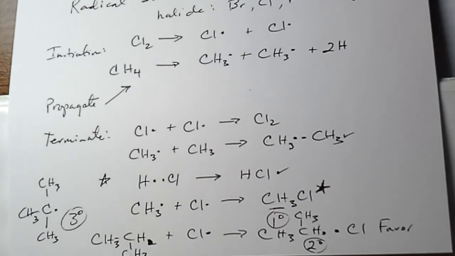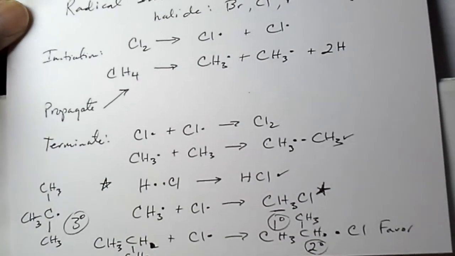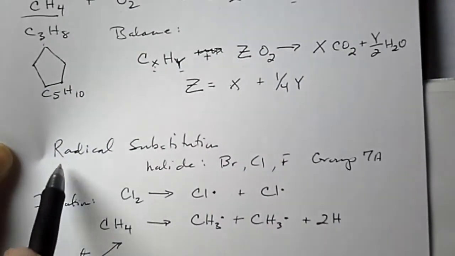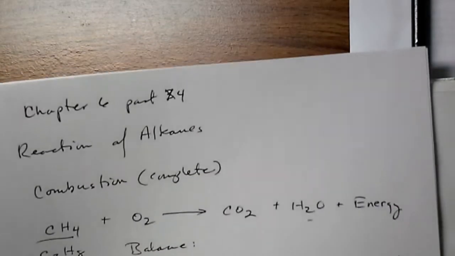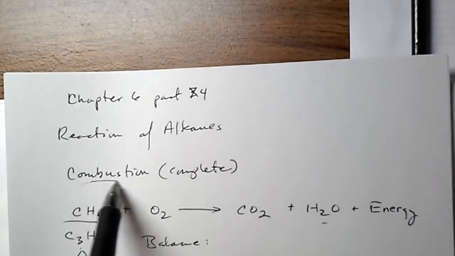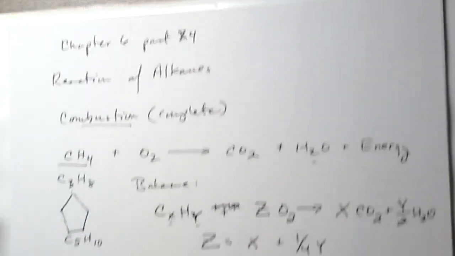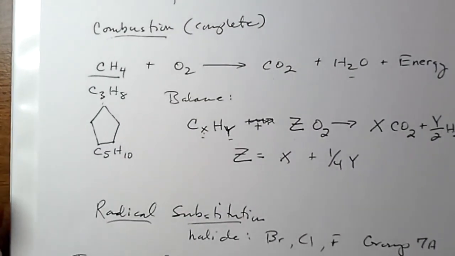Alright, so we'll be looking at these types of reactions, radical substitution and combustion, in generating products of alkane, alkyne and alkene reactions.